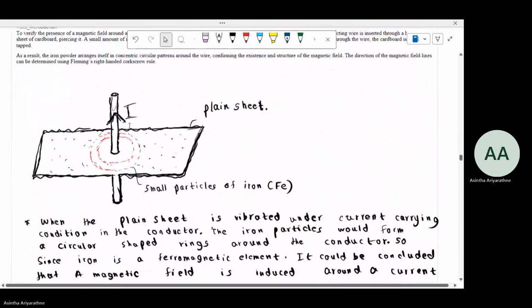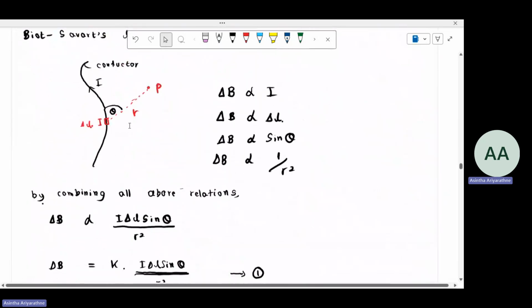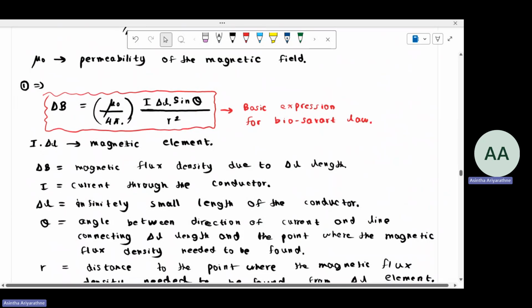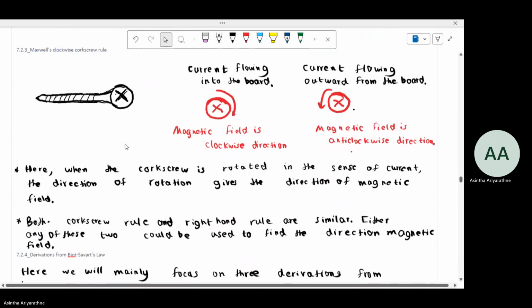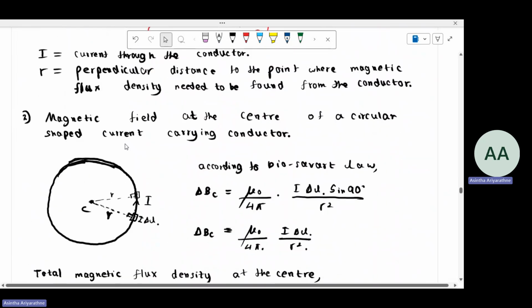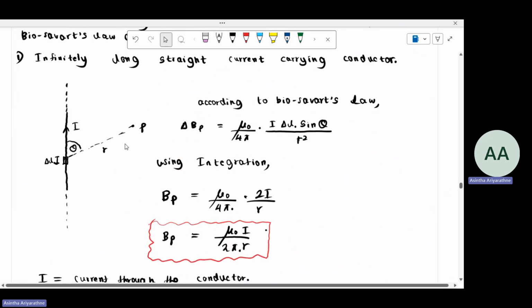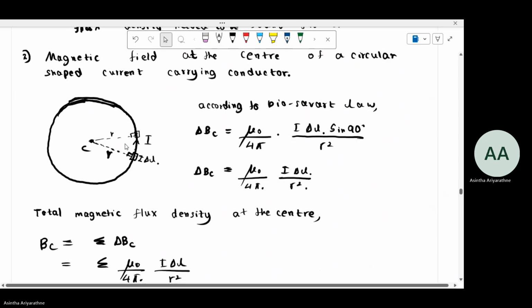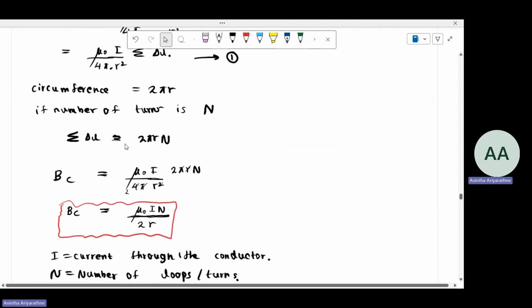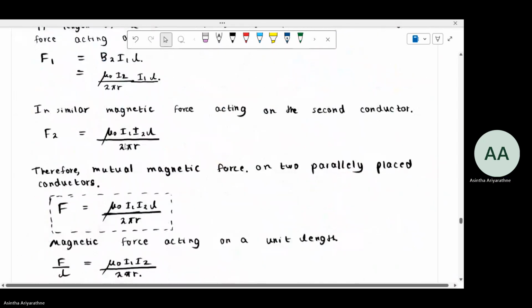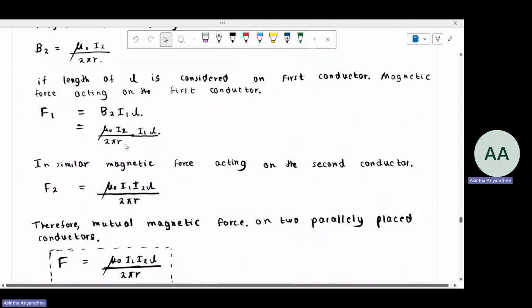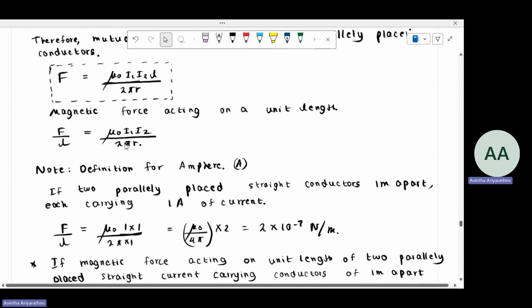Then finally the Biot-Savart law, the basic law behind the derivation of the expressions for the magnetic flux density of current carrying conductors. Then we learned the expressions for the magnetic flux density surrounding a finite straight current carrying conductor, a circular loop, as well as a solenoid. Right, so finally the mutual force acting between two straight current carrying conductors.